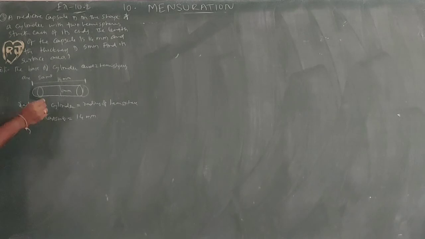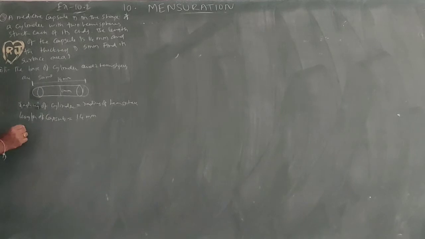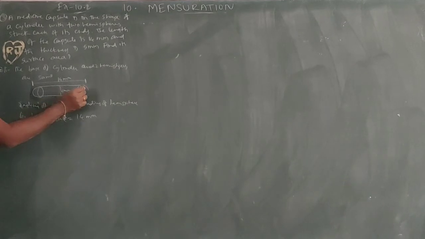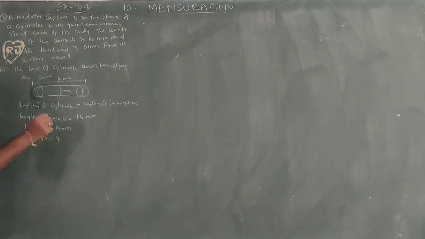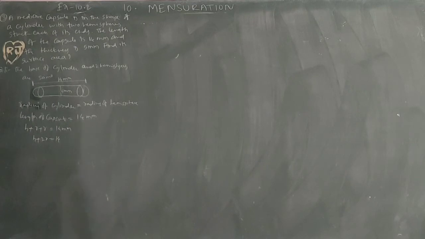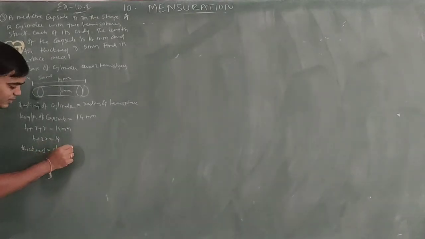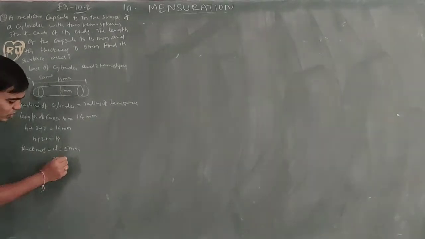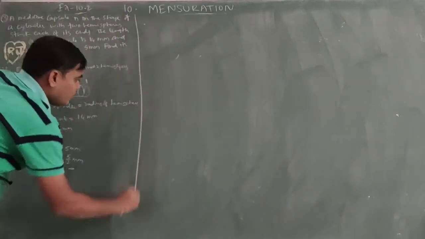This is the height h of the cylinder, plus the radius of one hemisphere and the radius of the other hemisphere, so h plus 2r equals 14. Thickness is nothing but diameter. The diameter is 5 millimeters, so r equals 5 by 2 millimeters.